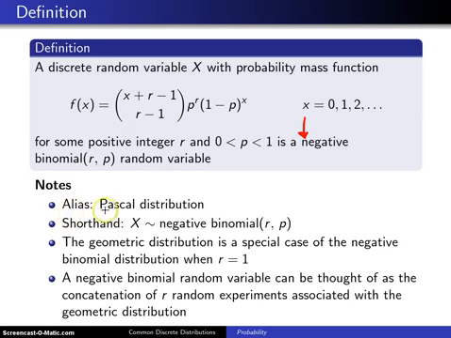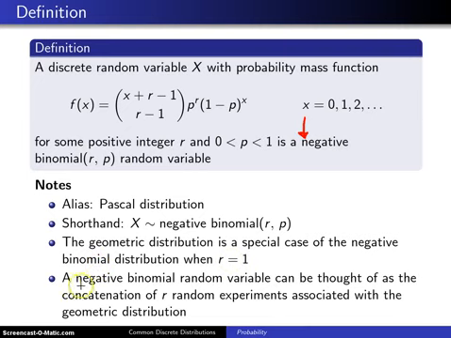Four notes. First of all, sometimes the negative binomial distribution is called the Pascal distribution. Not very often. Typically it's known as the negative binomial distribution. The shorthand here is x is distributed as a negative binomial random variable with parameters r and p. The geometric distribution is a special case of the negative binomial distribution when r equals 1.